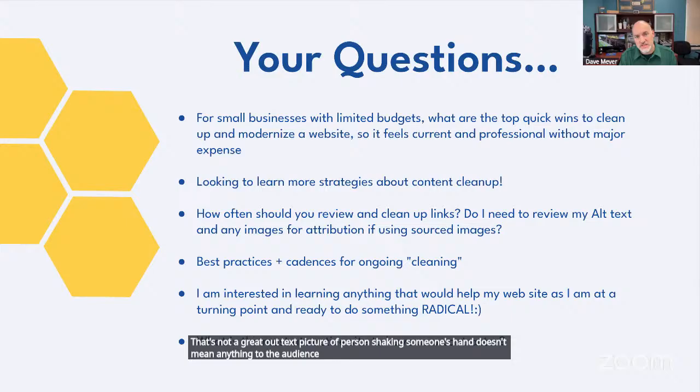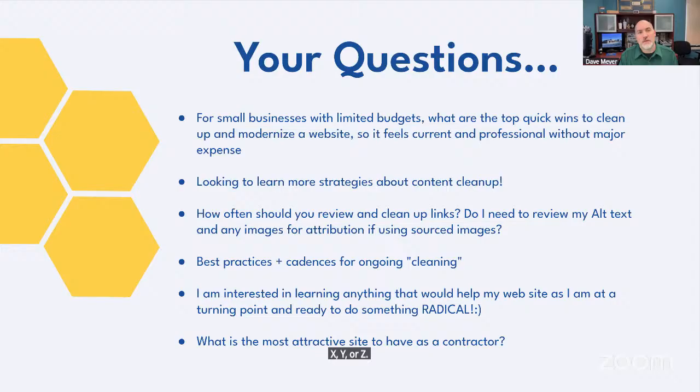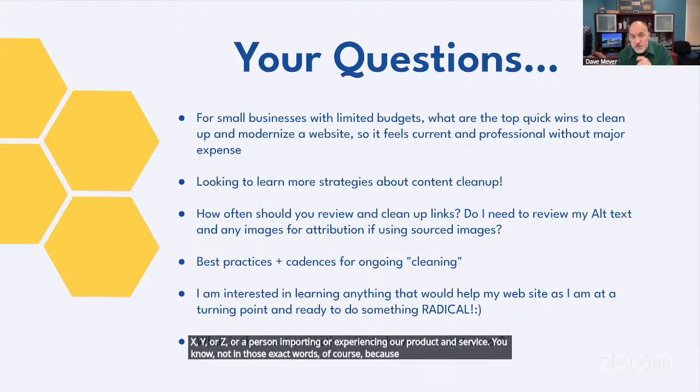Instead, your alt text should say what you're trying to get that person to do. So, "we are the premier provider for X, Y, or Z," or a person enjoying or experiencing our product and service. Not in those exact words, of course, because you want to insert your actual content, but that's what you want to do. And then links.